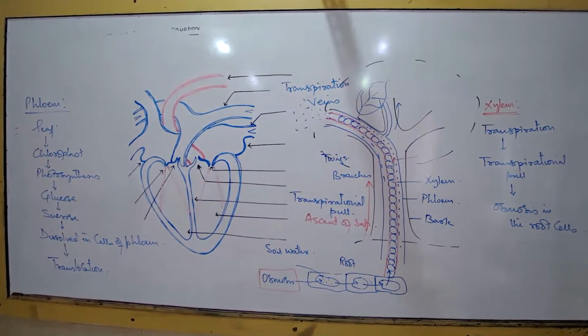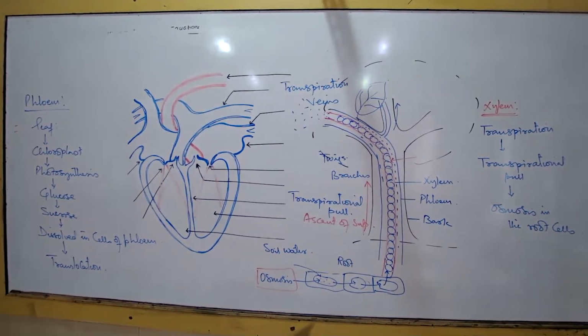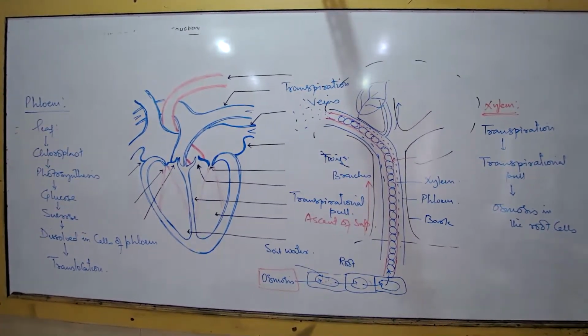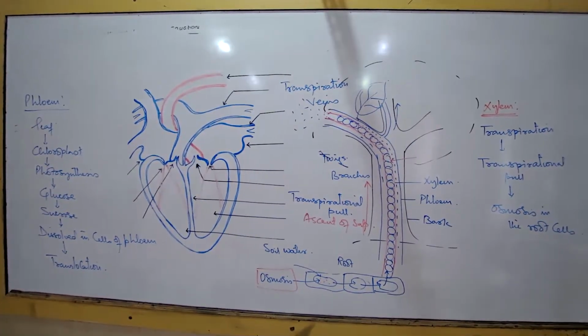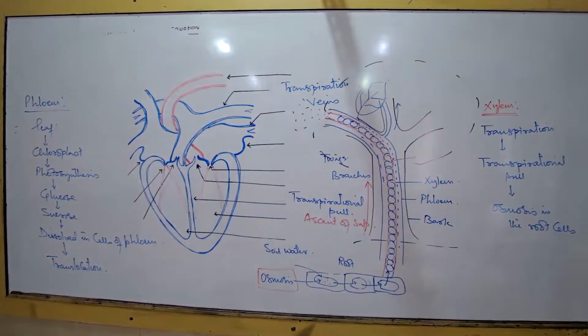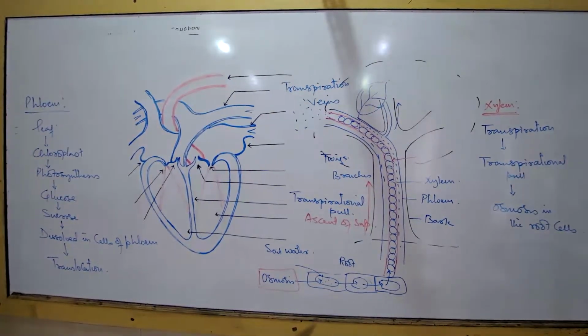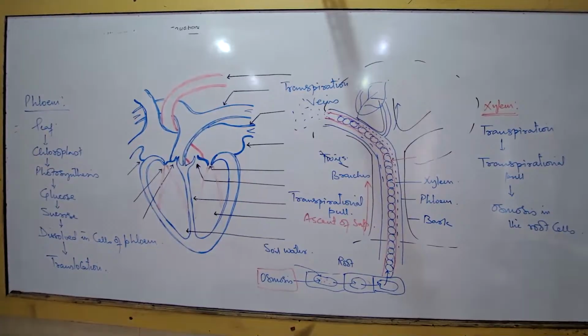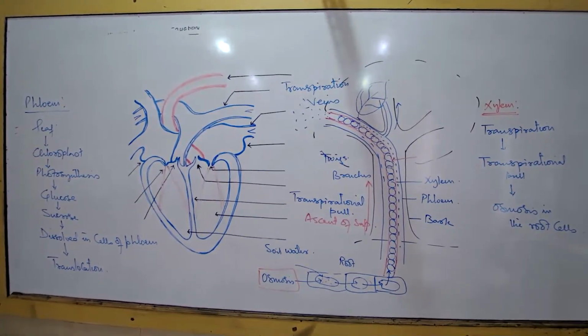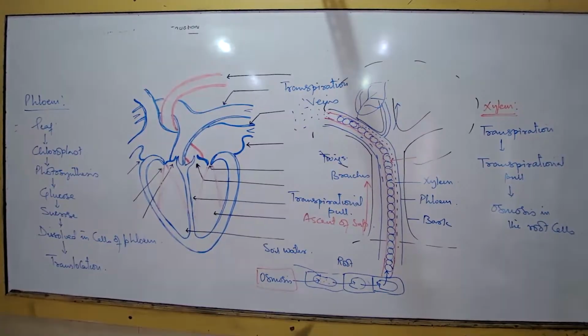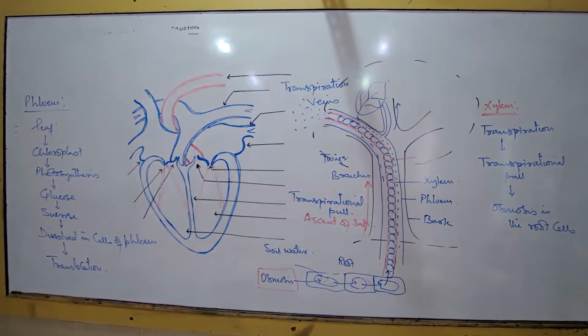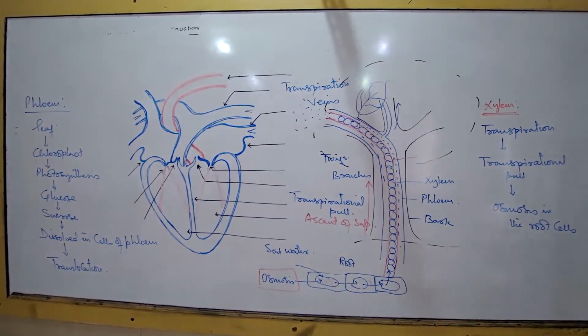Composed of cells known as tracheids, vessels, xylem parenchyma, and xylem fibers. Full stop. Next one.